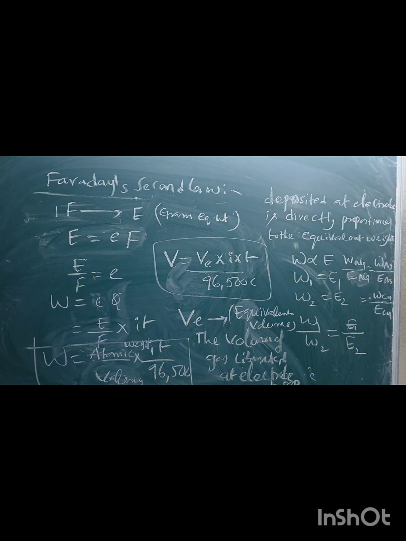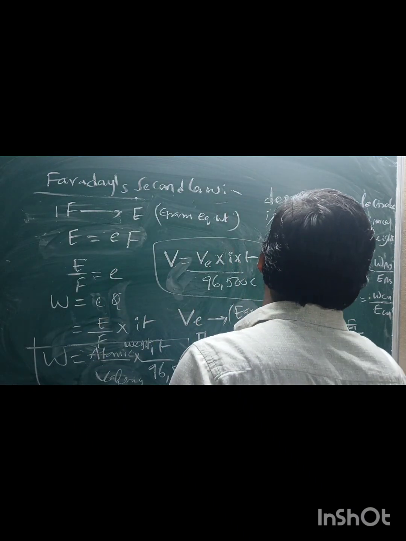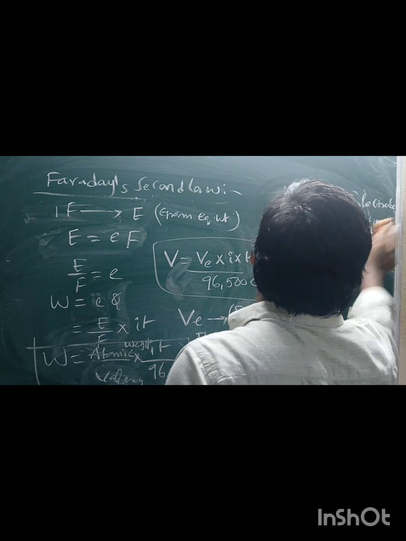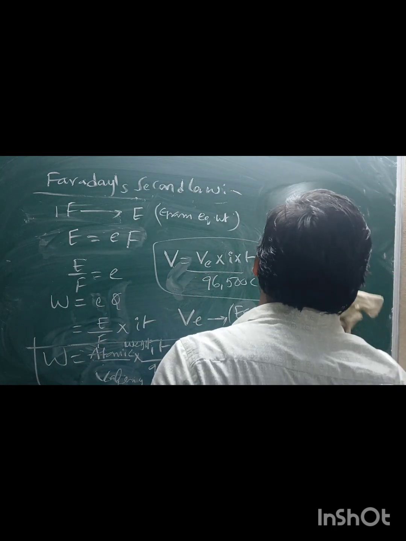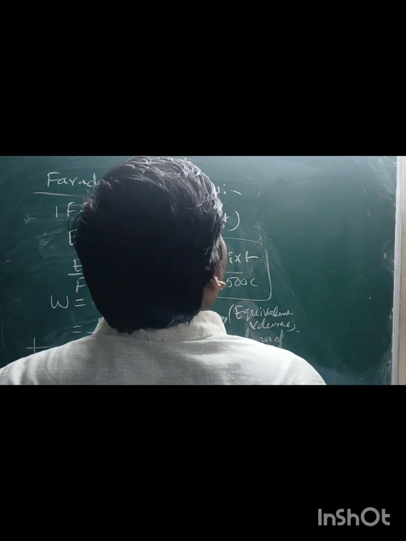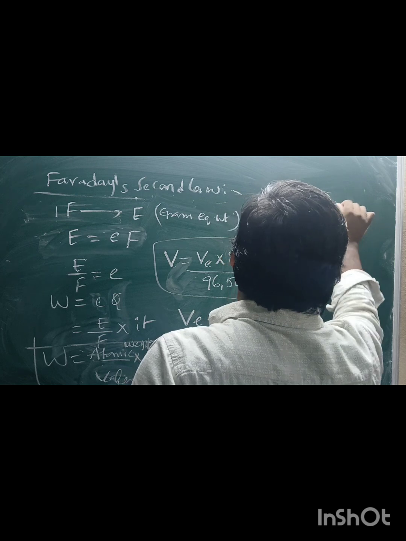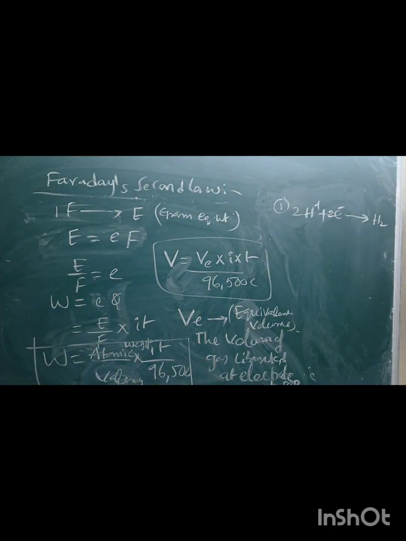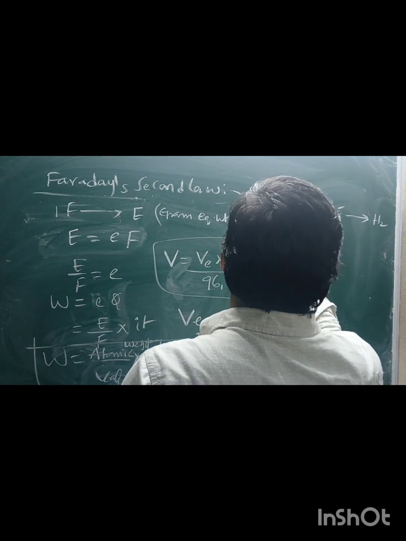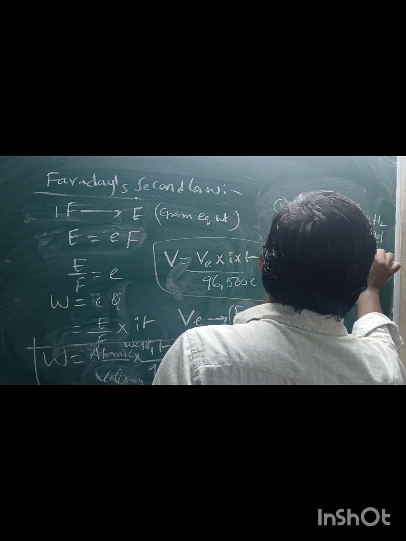Finally, how to calculate the equivalent volume. For example, I am taking some gases like hydrogen and chlorine. 2H plus ions gain 2 electrons to form H2, that is 1 mole of hydrogen gas.